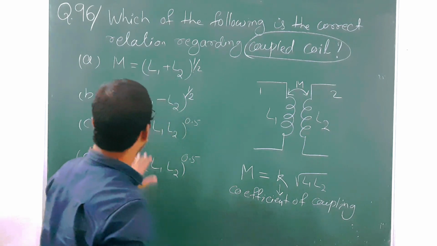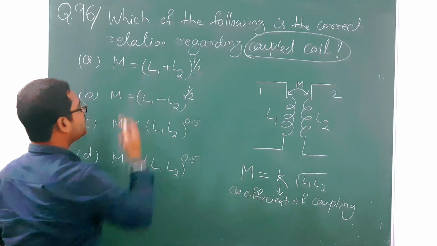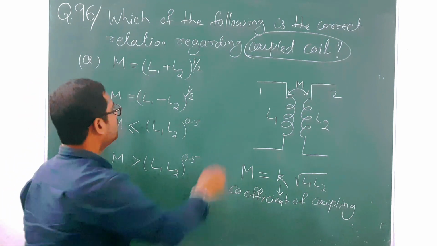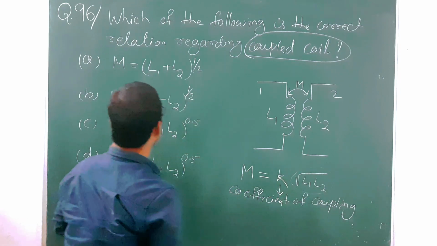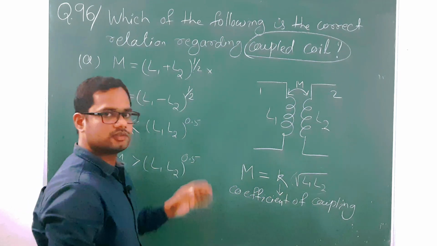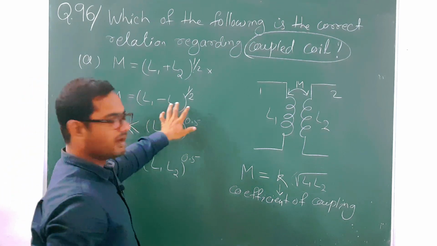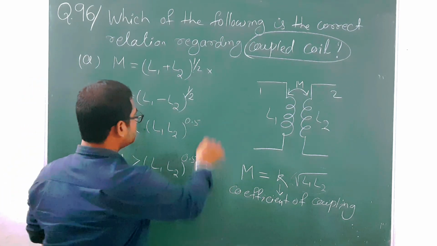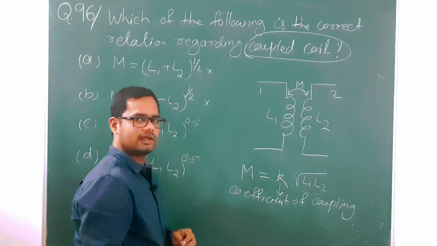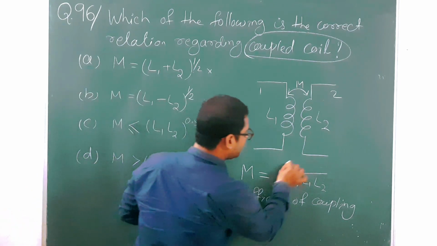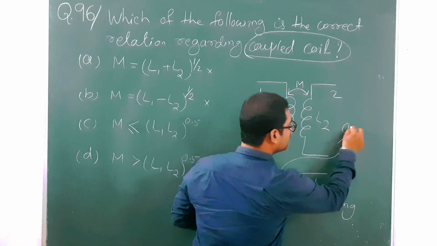If I choose option by option, the first option is M equal to (L1 plus L2) to the power half. This relation is not justified, and M equal to (L1 minus L2) to the power half is also not justified, because whatever the coefficient of coupling, the value of K will lie between 0 and 1.